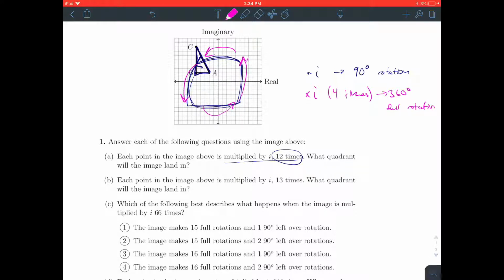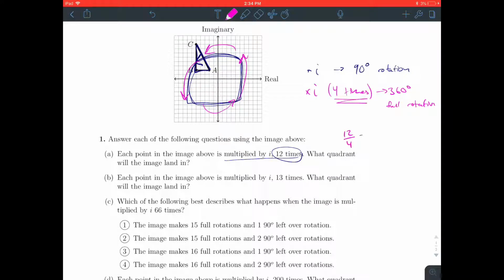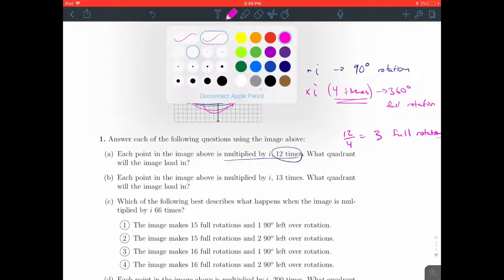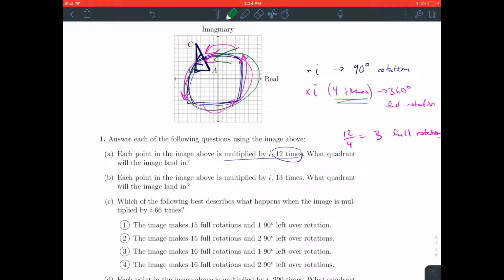And so because one full rotation takes 4 times, if you do 12 divided by 4, you see that this is actually 3 full rotations with no remainder, no decimal. And so that means that if we do 1, 2, 3 full rotations, it brings you right back to quadrant 2.